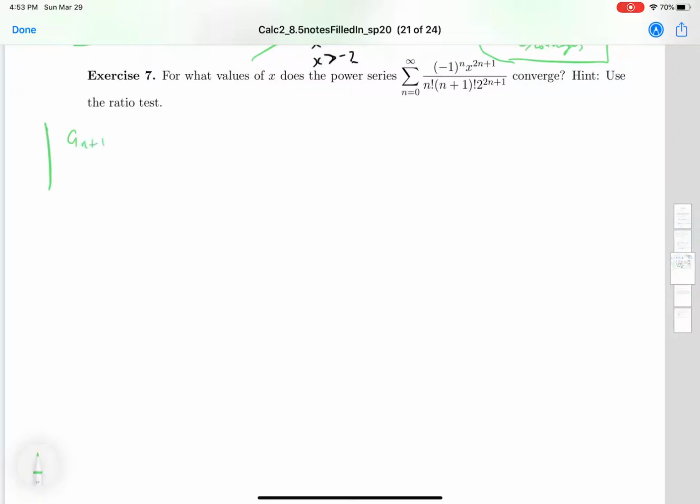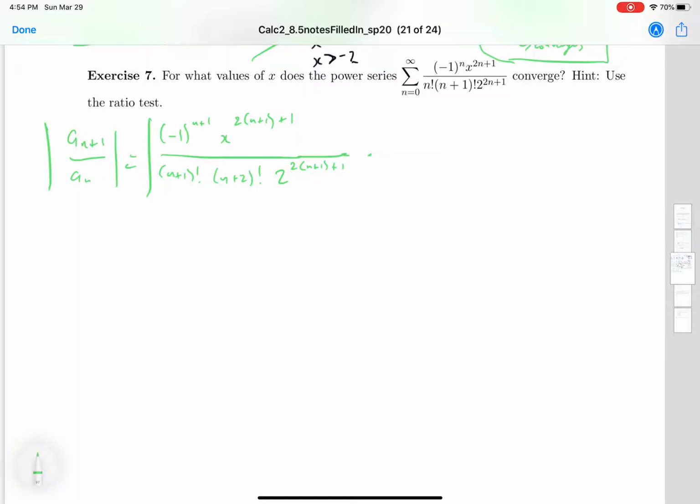We want to do our a sub n plus 1 over a sub n. In this case, that's going to be a -1 to the n plus 1, x to the 2n plus 1 plus 1, divided by n plus 1 factorial divided by n plus 2 factorial, 2 raised to the 2 to the n plus 1 plus 1.